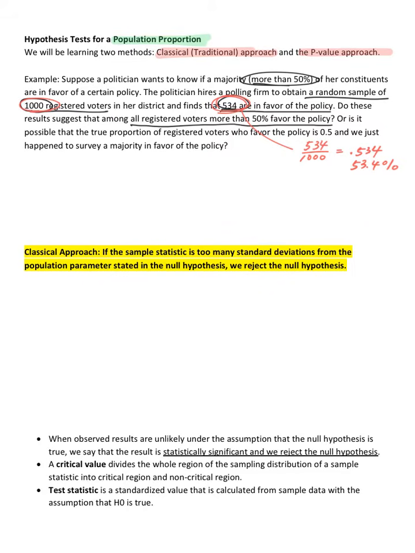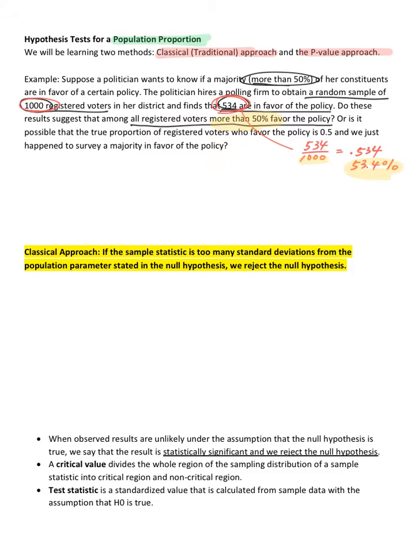So you might say to yourself, why are we not just saying, well, it was 53.4%, so we're ready to make a conclusion that more than 50% of people are in favor of the policy? Well, the idea is that this is only a sample of 1,000 people.